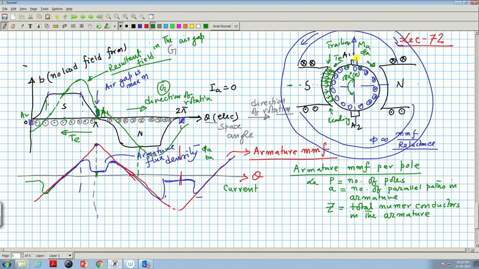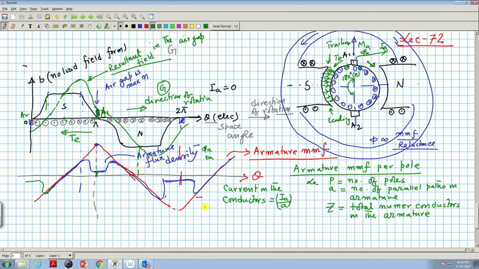External current in the armature is I A, but in the conductors how much current? Current in the conductors is equal to I A by A, parallel paths will be there. Then I have to calculate what is the number of turns here.